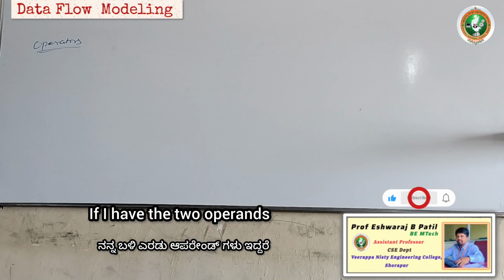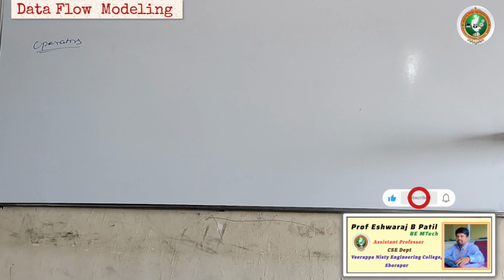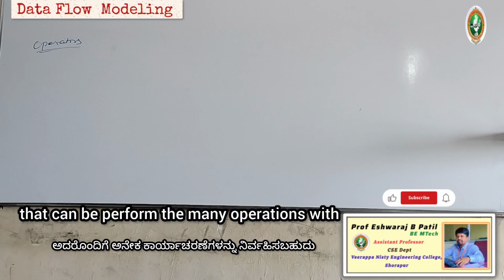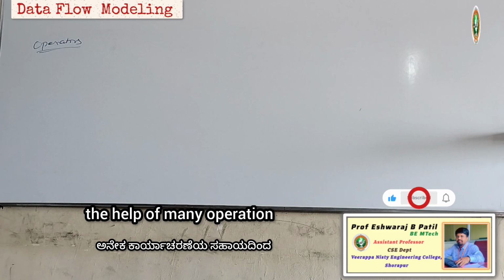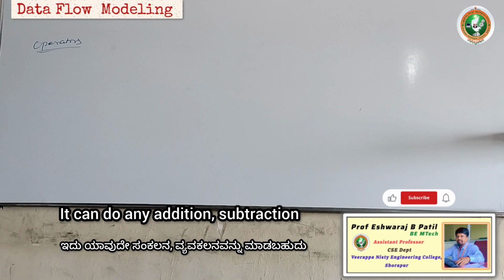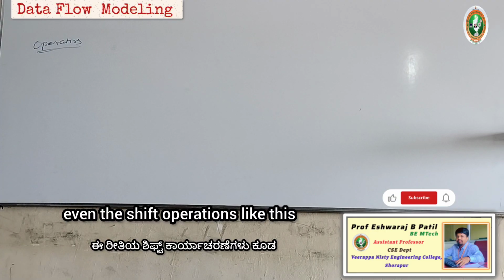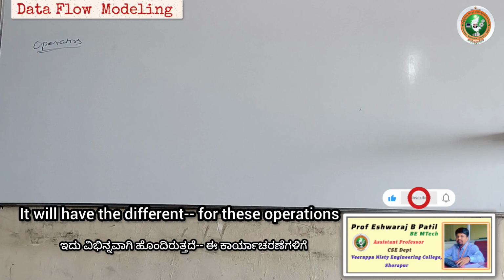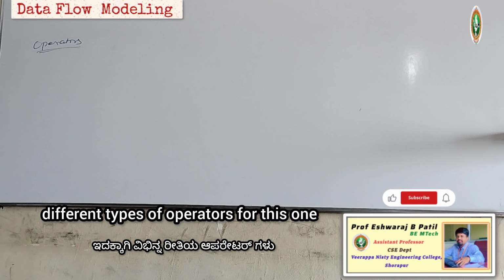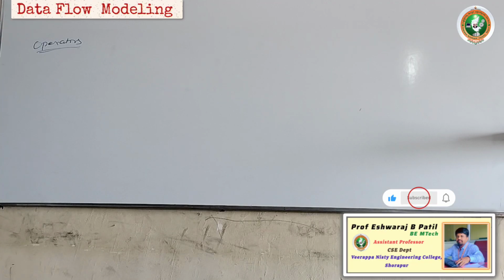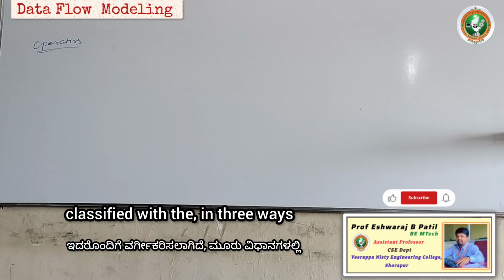If I have two operands, many operations can be performed: addition, subtraction, even division, even shift operations. For these operations we have different types of operators, classified in three ways.